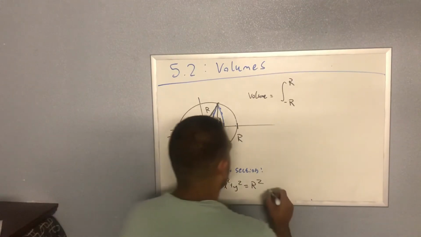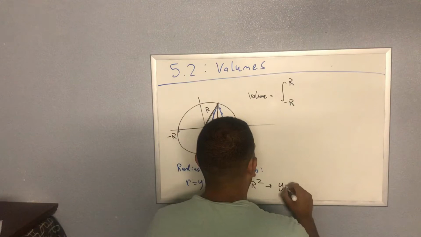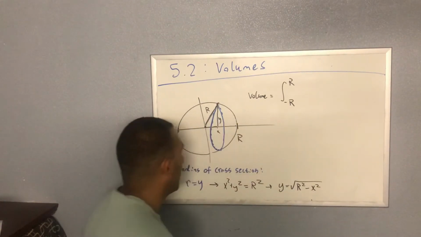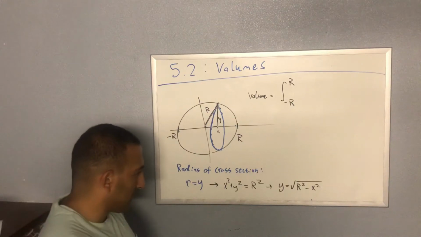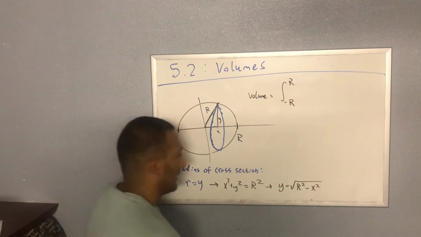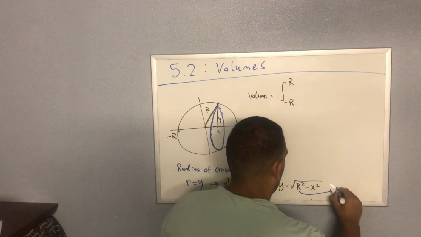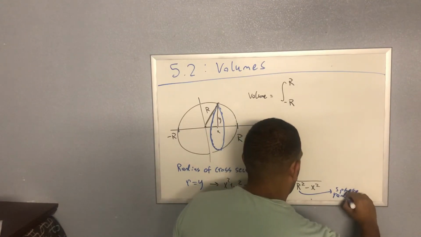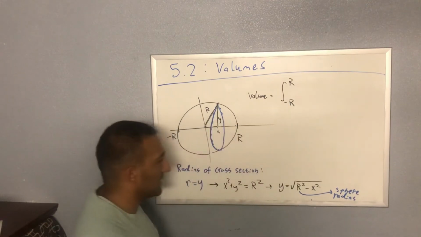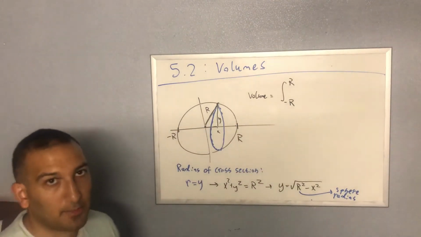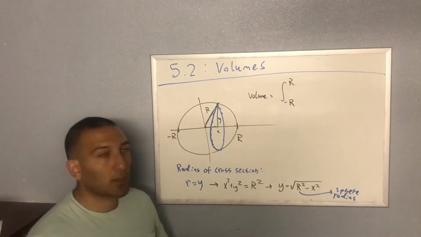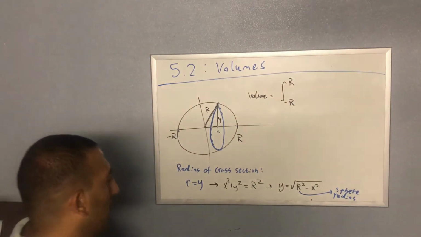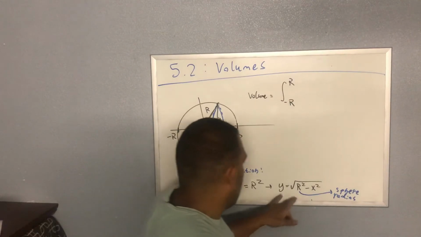And then this means that y is the square root of r squared minus x squared, where r is the radius of the sphere. So this is the radius of the sphere. And you may say, okay, what about the plus or minus? Well, we're considering y as a distance, so we're taking the plus.